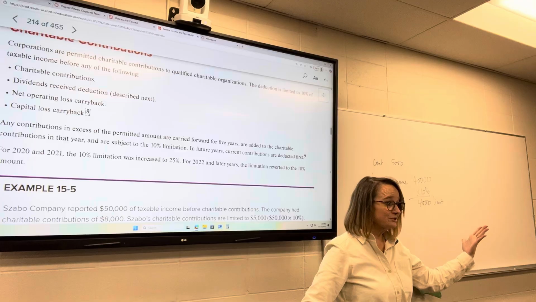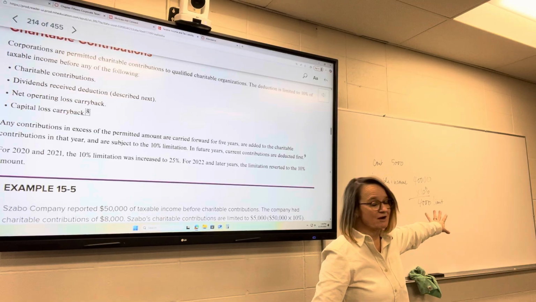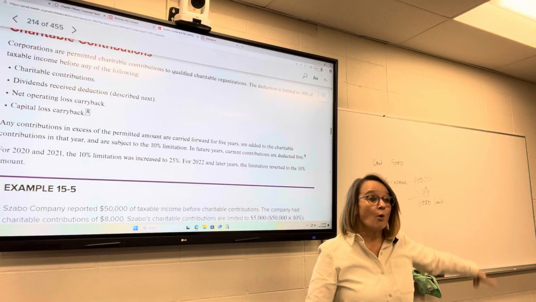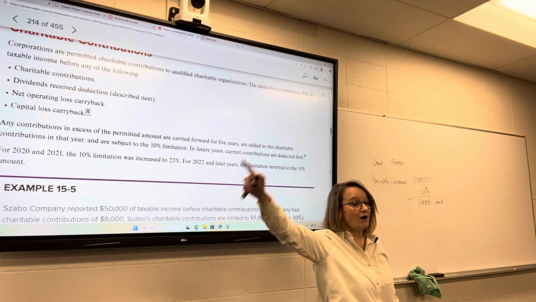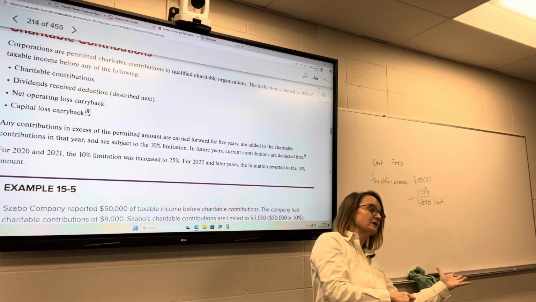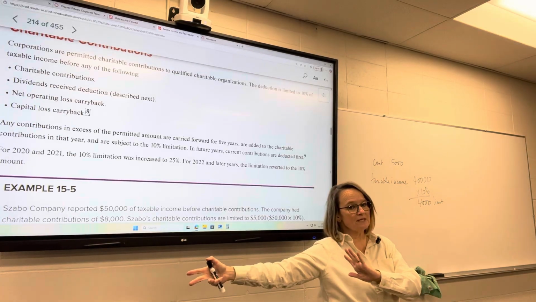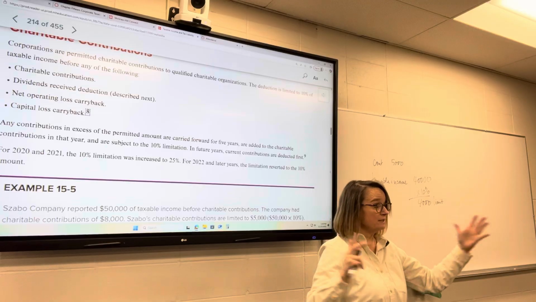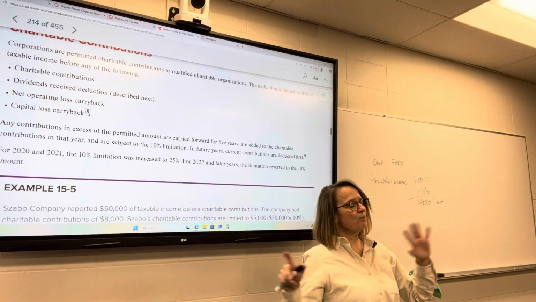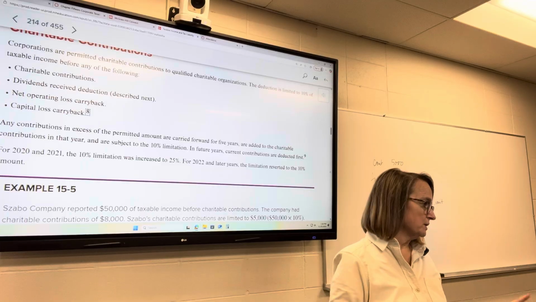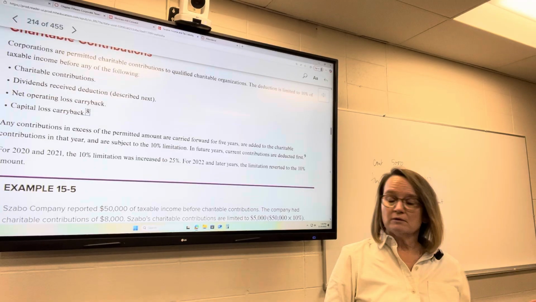But on our tax return, we are limited to how much of that contribution we can deduct. Or it could be that we had a contribution in a previous year that we're now deducting this year, but we expensed it completely on the books. So it can work either way. I just point this out to get you ready for the issues that we're going to talk about with that M-1 form.